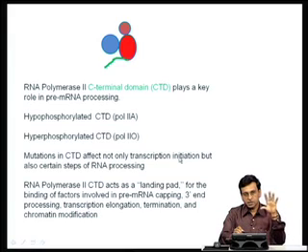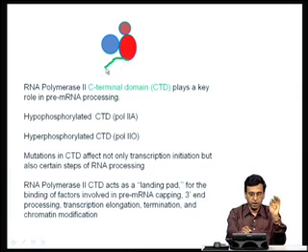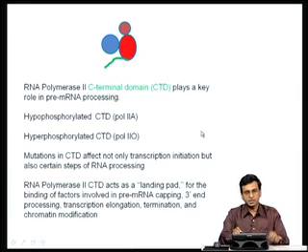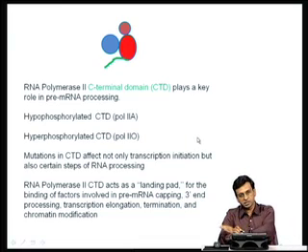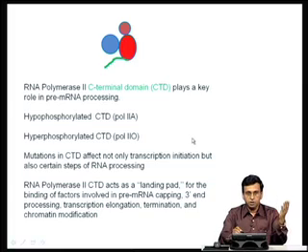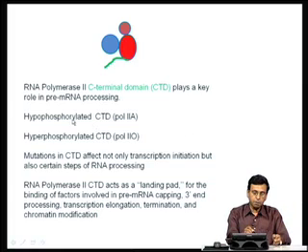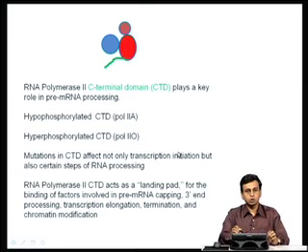When all the factors are assembled, the general transcription factor TFIIH phosphorylates the C-terminal domain of the RNA polymerase, and this is the signal for RNA polymerase to leave the promoter and transcription elongation starts. So, basically RNA polymerase II exists in two forms, a non-phosphorylated or hypophosphorylated form, which is called Pol IIA, and a hyperphosphorylated form, which is Pol IIO.